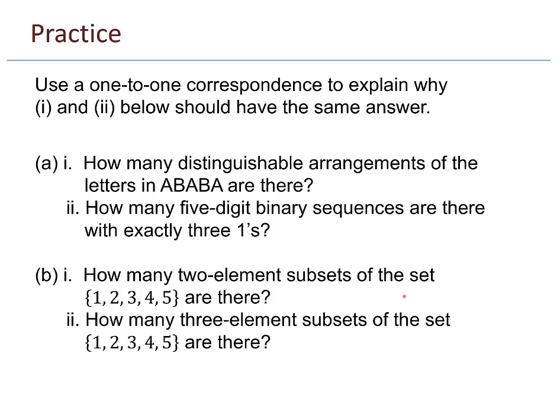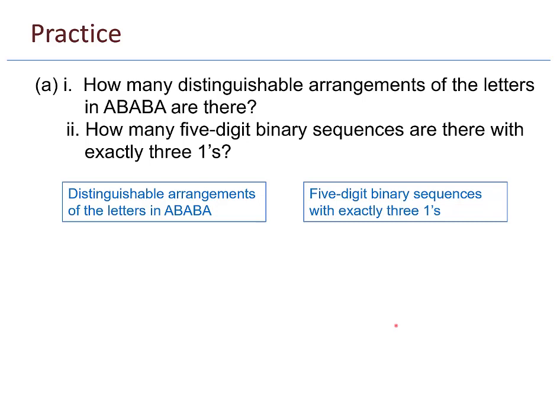Let's take a look. So in problem A, we're looking at distinguishable arrangements of the letters A, B, A, B, A, and 5-digit binary sequences with exactly 3 ones. So let's take a distinguishable arrangement of A, B, A, B, A. How about if I just start with that?